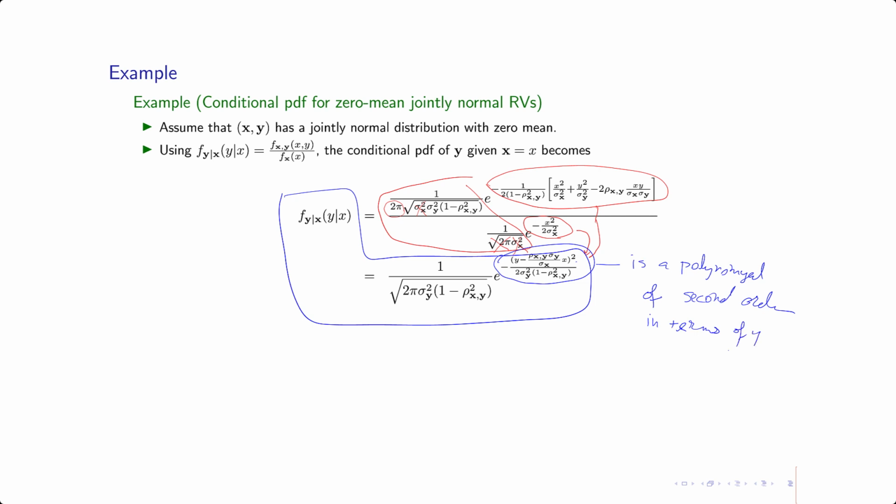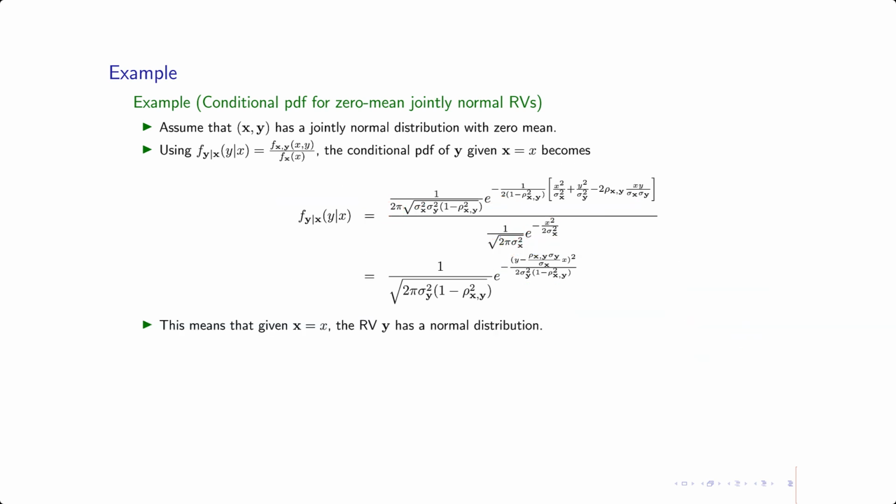Or in other words, the distribution is e to the power of a second order polynomial, which means that this is a normal distribution. So what is the mean of this normal distribution and what is the variance of that? Basically, we could see that given the knowledge that x takes this value, the random variable y has a normal distribution.